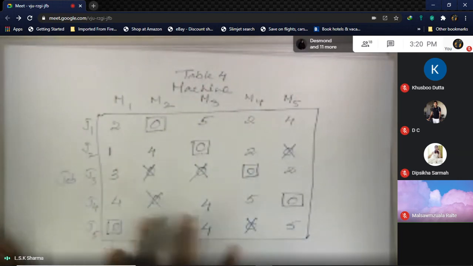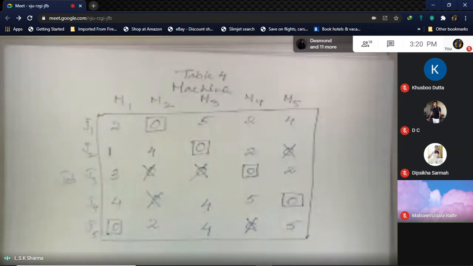So now you see all the zeros are either crossed out or assigned. Okay, now the assignment is being done. Now let us start drawing the horizontal line. And in order to draw the horizontal line, we have to mark all rows that do not have assignment.